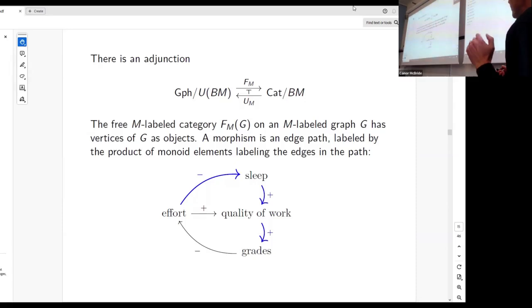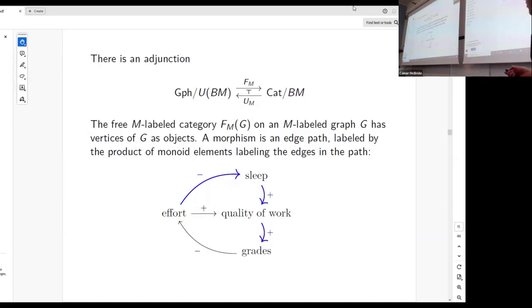But it remembers the fact that the morphisms here were labeled by elements of M. That forgetful functor, it also has an adjoint functor. So there's a free M-labeled category on an M-labeled graph. And it's, again, a very natural thing that's actually implicit in what people have been doing.